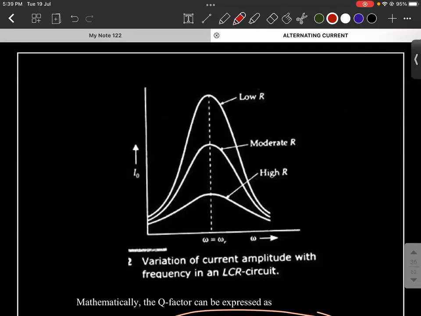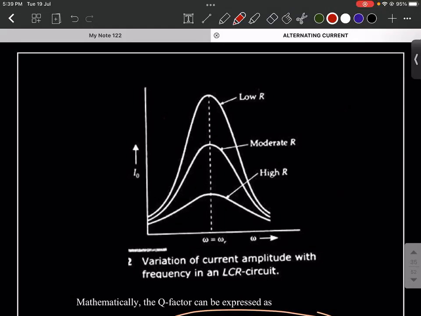Okay, correct. Omega, when will you use omega? Where does that omega come from?